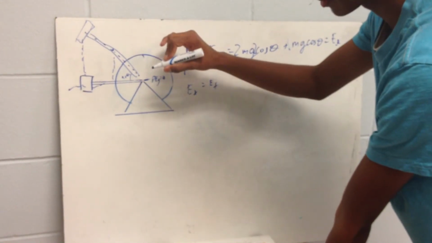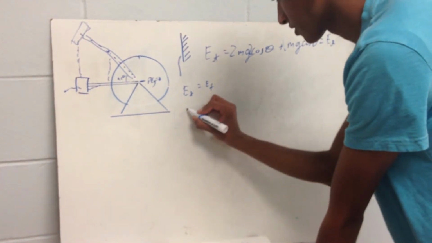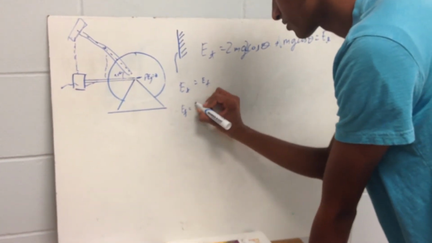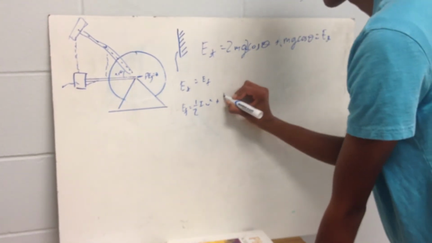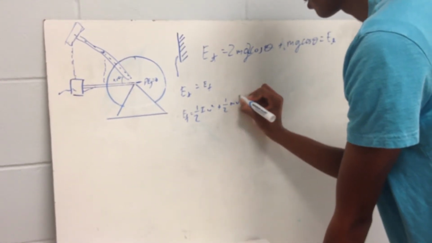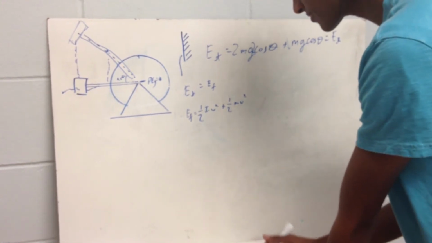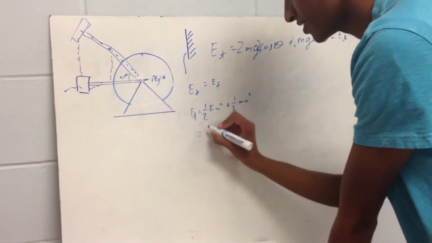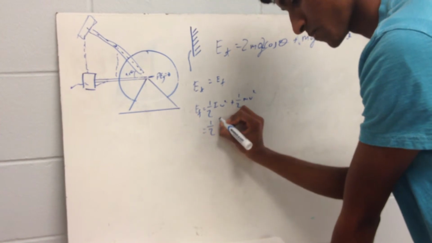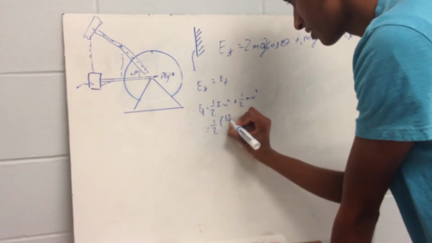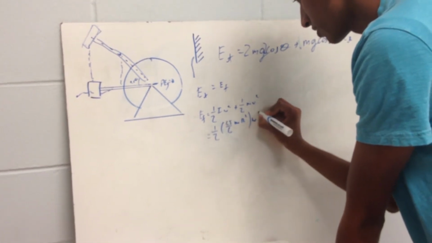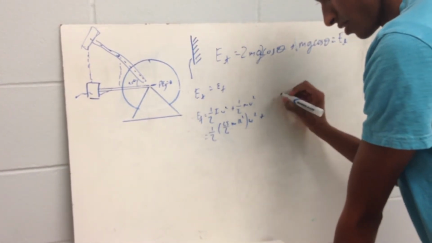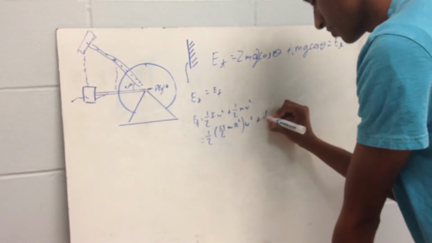Okay, so we have energy total equals energy final, and our final energy is composed of both rotational and translational kinetic energy. So we're going to have E final equals 1/2 I w squared plus 1/2 m v squared. And since we know what I already is, we have 1/2 times 65/6 m r squared w squared.